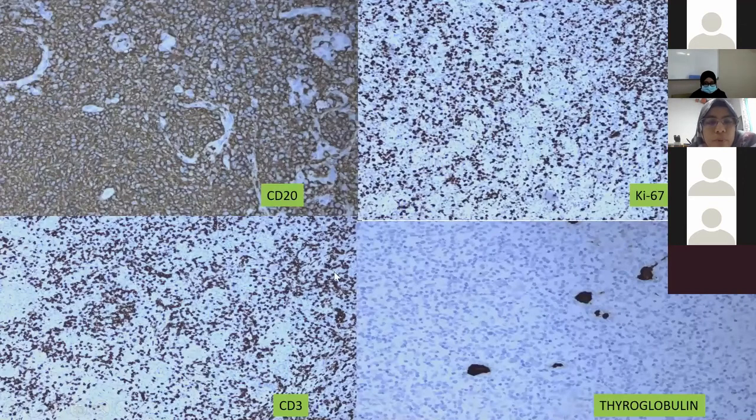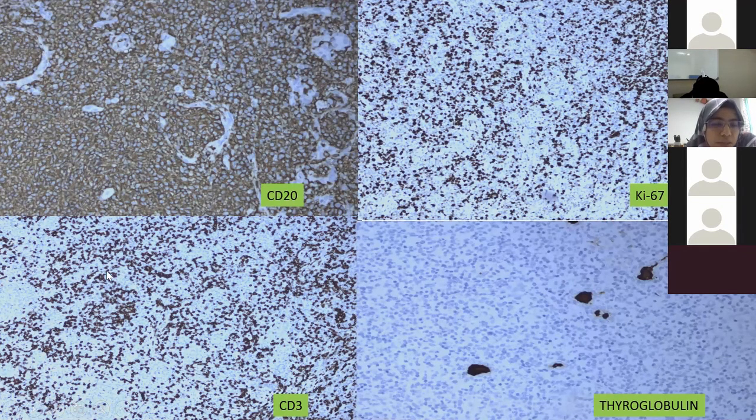So we proceeded with extensive immunohistochemical markers. The cells are diffusely CD20 positive with a high proliferative index. We also proceeded with thyroglobulin, and it shows a few residual thyroid follicles within the lesion.